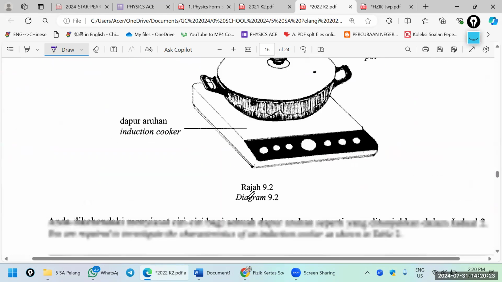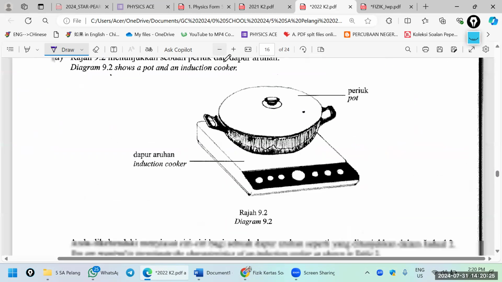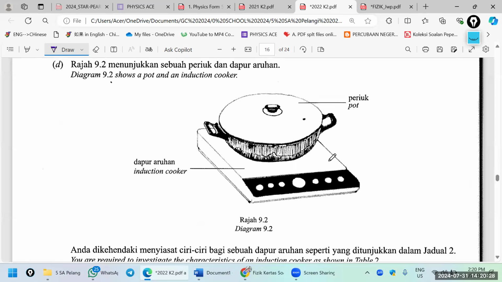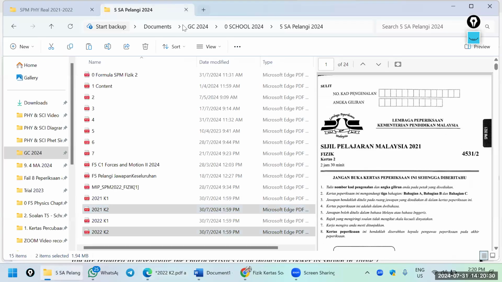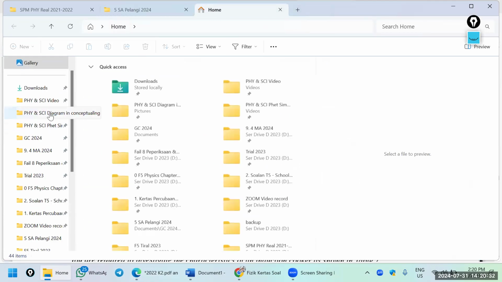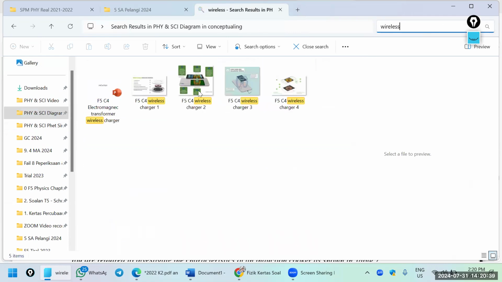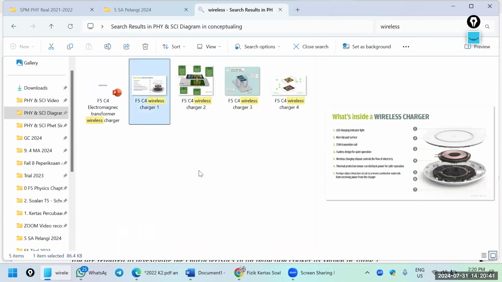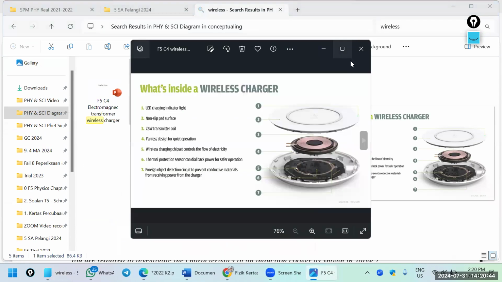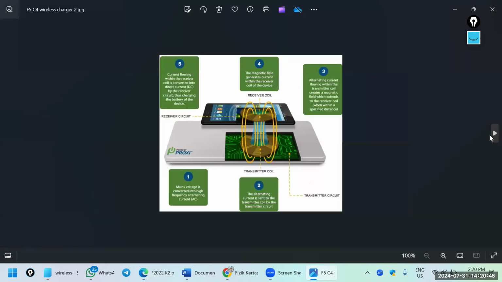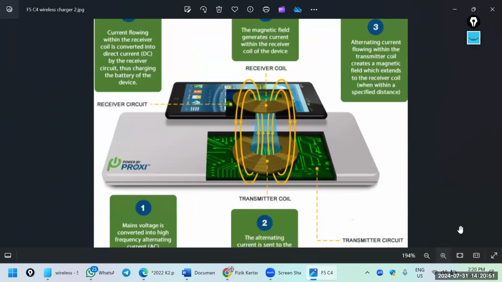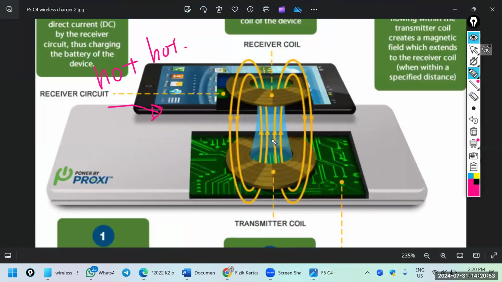All right. So now next, induction cooker. Okay, actually, induction cooker is same as wireless charger. So your wireless charger here got the coil.